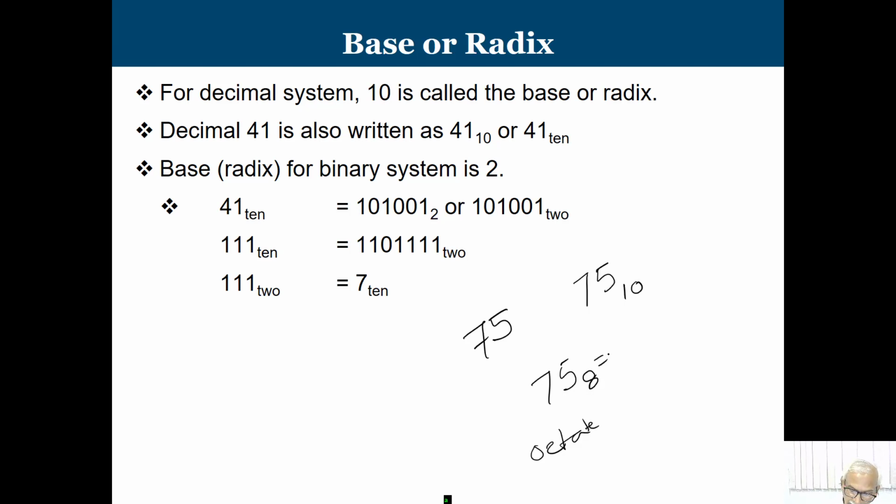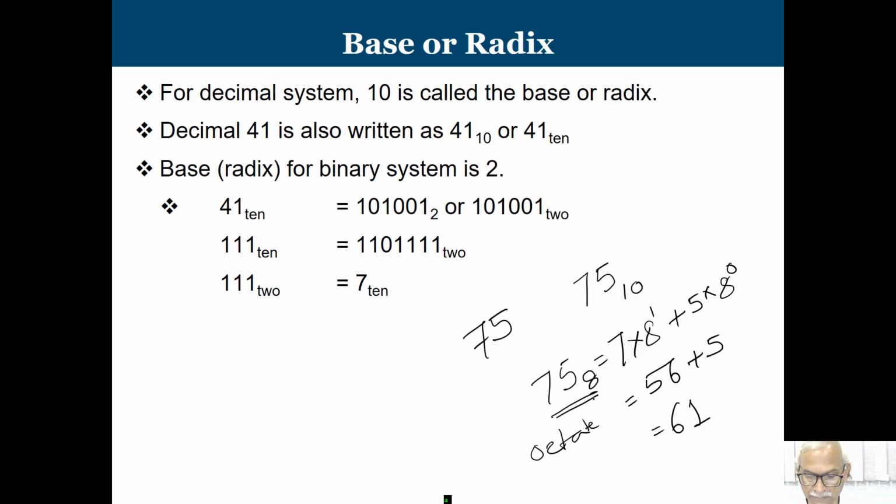So this is equal to 7 into 8 to the power 1 plus 5 into 8 to the power 0. So 56 plus 5, which is equal to 61. So if I say 75 in the octal system, then the decimal equivalent is 61.